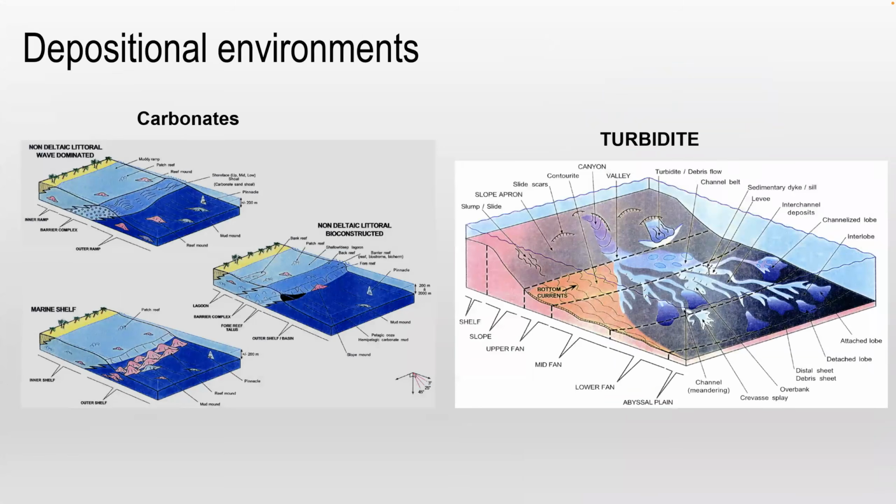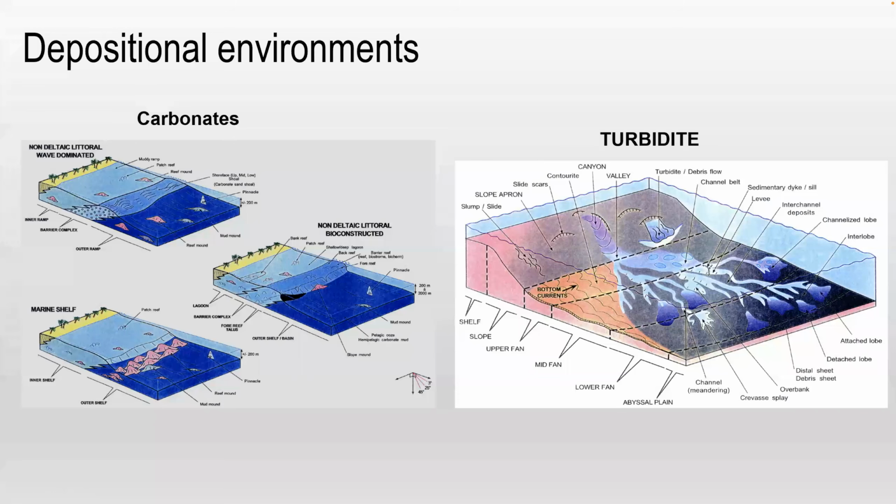So at first, let's look at the depositional environment, the data you need for a reservoir. At first you should know whether the reservoir is a carbonate or a siliciclastic reservoir. And if you have a carbonate reservoir, what is the depositional environment?